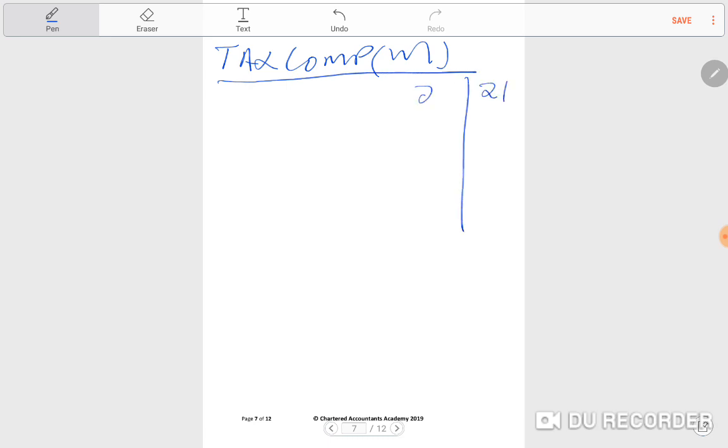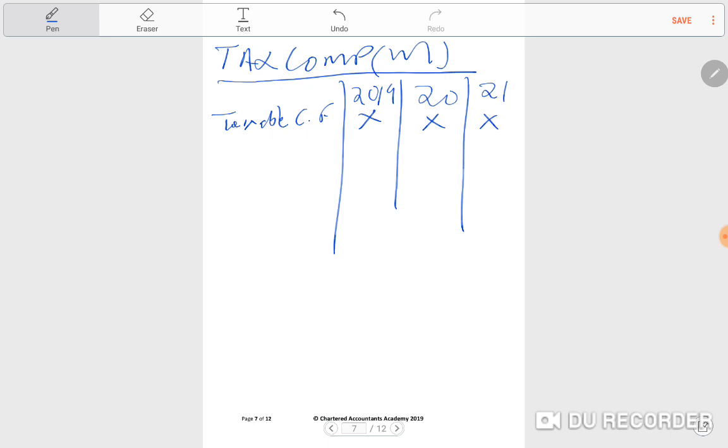This is our tax computation, working 1. We're just going to take those figures that we got. We had 2021, 2020, and 2019 as our focus periods, and then we had our taxable cash flows, which were XXX.